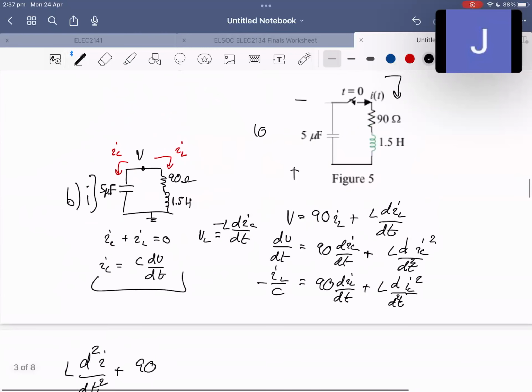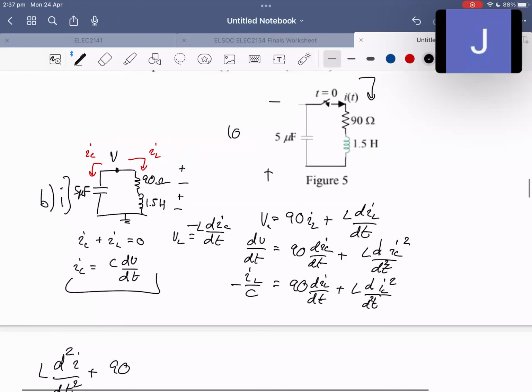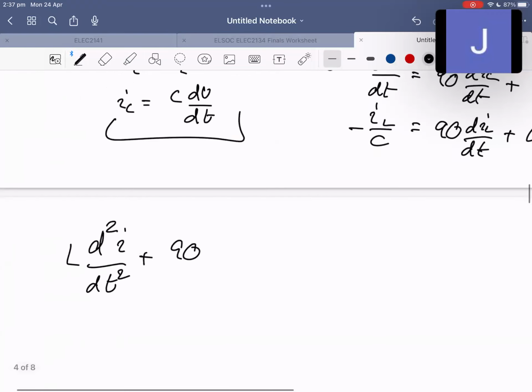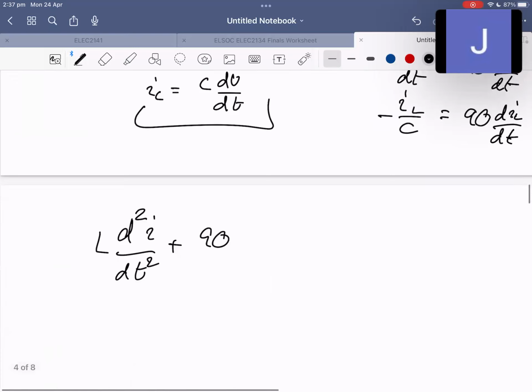What I did is I found an expression for the voltage at the top node: it's the voltage across the resistor plus the voltage across the inductor. That total voltage is the same as the voltage across the capacitance, so you can call it V or VC. Sorry, my maths notation skills are pretty atrocious.